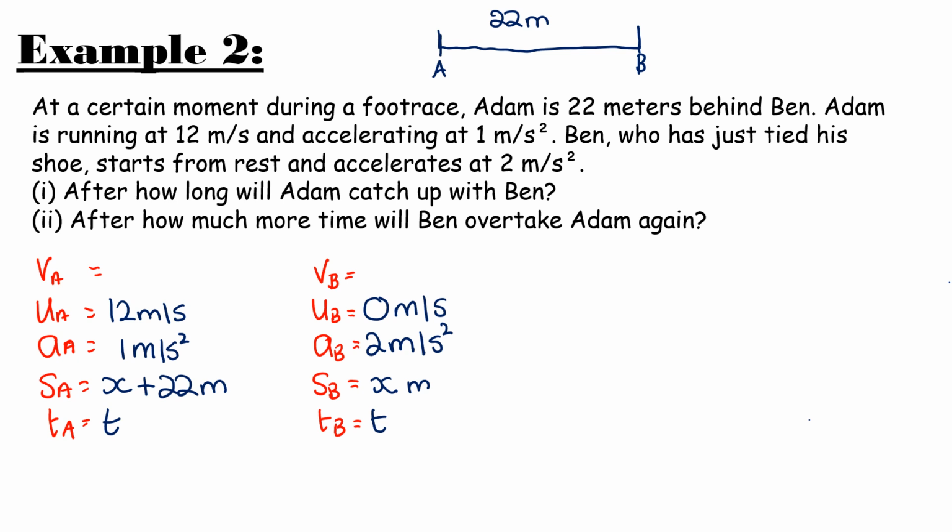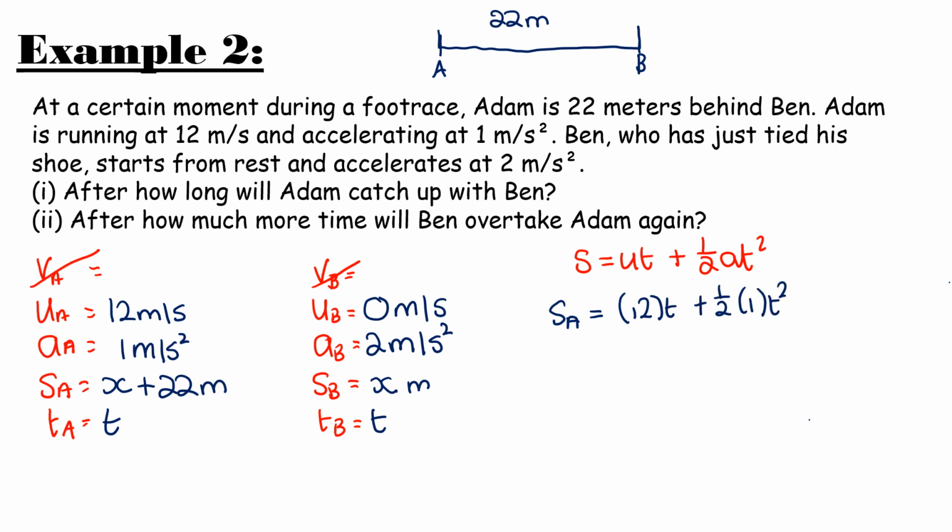So what we have here are going to be simultaneous equations. We have no v in either, so the formula we're going to use for both is s equals ut plus a half at squared. The displacement of Adam is ut plus a half at squared, and that's going to be x plus 22 equals 12t plus a half t squared.